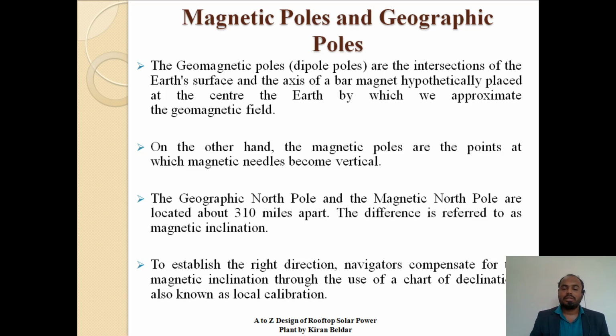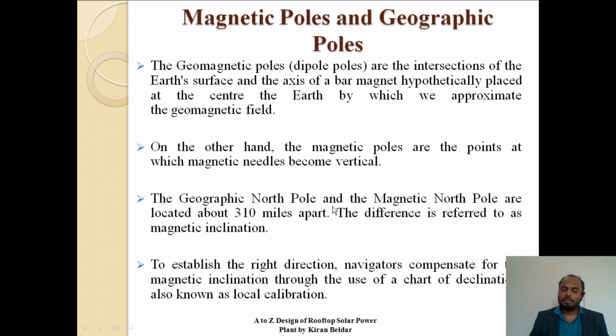On the other hand, the magnetic poles are the points at which magnetic needles become vertical. When we put a needle in free space, the needle faces the magnetic poles, but these magnetic poles are somewhat different from the geomagnetic or geographic poles.